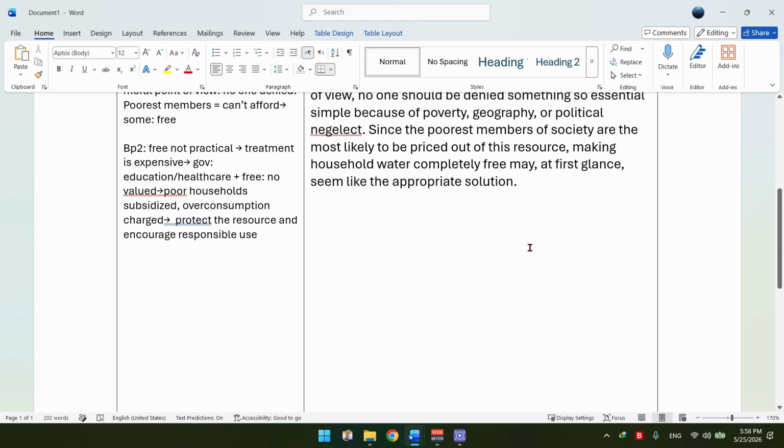Now, if I continue, it's going to be a different main idea because I'm going to start talking about why it shouldn't be free, why it's not practical to do that. And when you have a different main idea, you need to switch to another body paragraph. It is also important to start the second body paragraph with some sort of transitional phrase or word so that the examiner knows what the connection between these two paragraphs is.